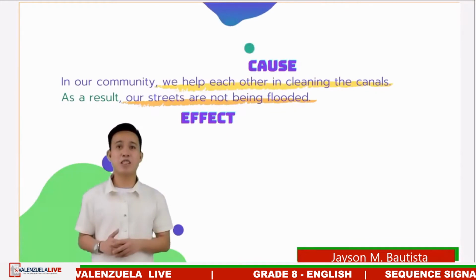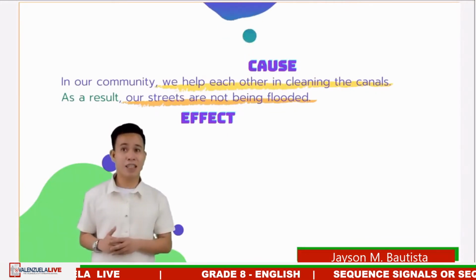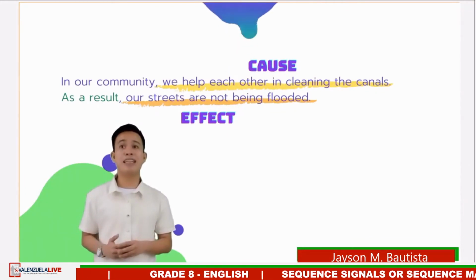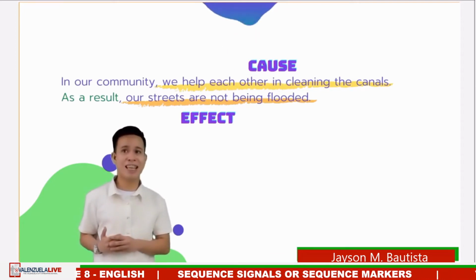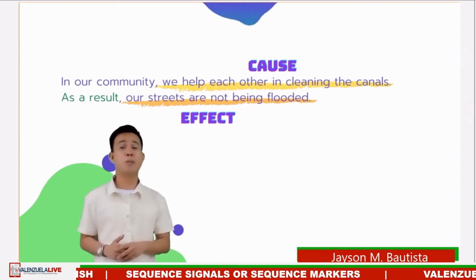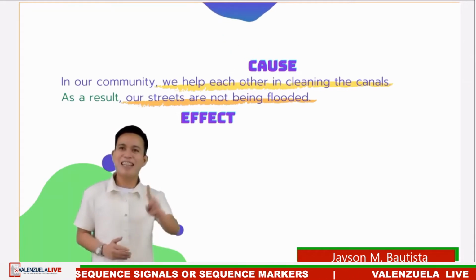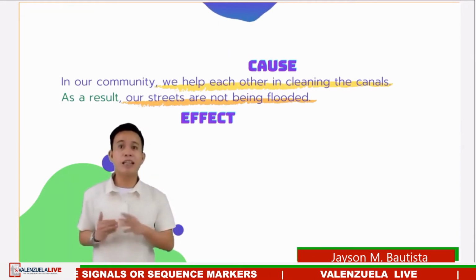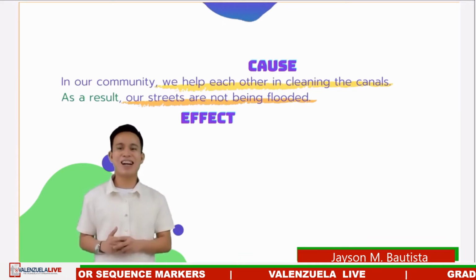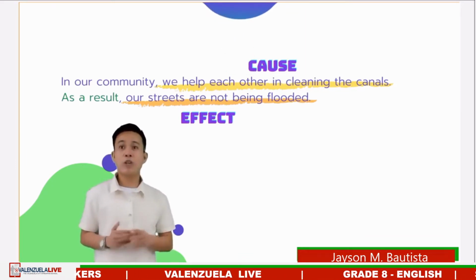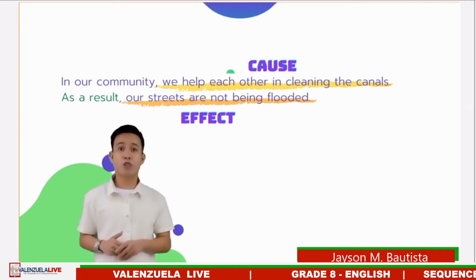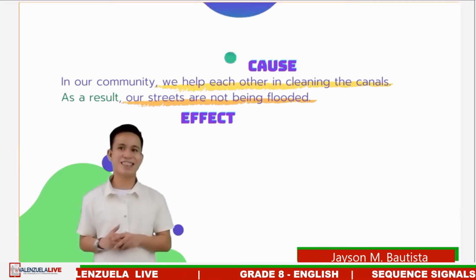In this sentence, you can see that the cause is we help each other in cleaning the canals. And the result of doing such activity is streets are not being flooded. This sentence shows that the first idea is the cause and the other one is the effect. You can see clearly the connection of the two ideas, right?